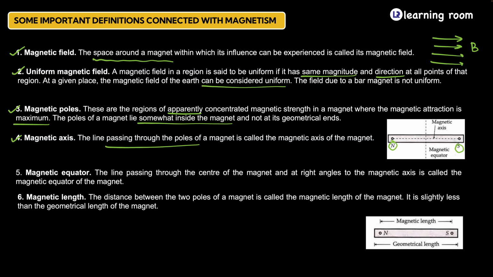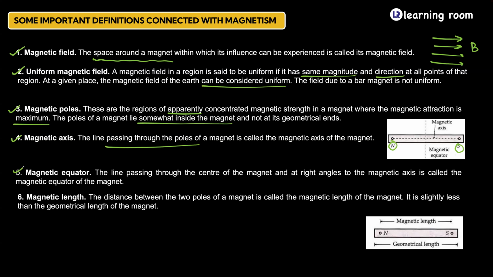Okay, that is what the next point is. So I hope you could understand what the magnetic axis is. The magnetic axis is an imaginary line that is passing through the poles of the magnet. Whereas if you think of a line that is passing through, two things are to be satisfied. One is it should pass through the center of the magnet and it should be perpendicular to the magnetic axis. So it is like this.